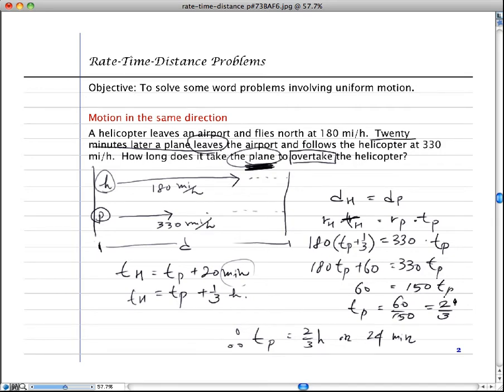It's actually 2/5, so that's 2/5. Sorry about that, guys. And if you don't know how to convert from 2/5 to the 24 minutes, simply go 2/5 of an hour, and 1 hour is equal to 60 minutes. 5 goes into 60 12 times. When you multiply that, that gives you 24 minutes.